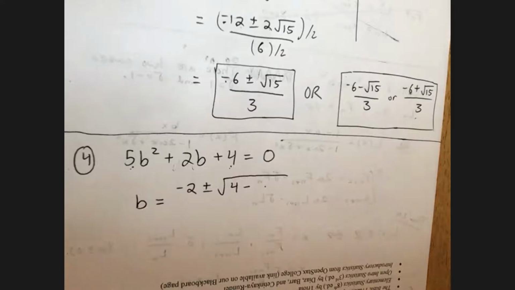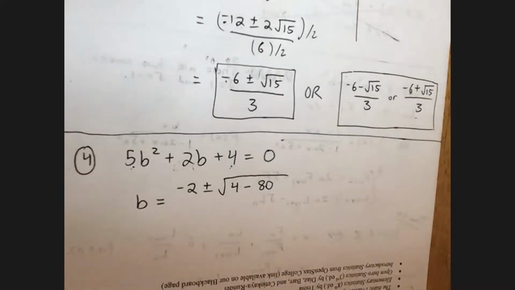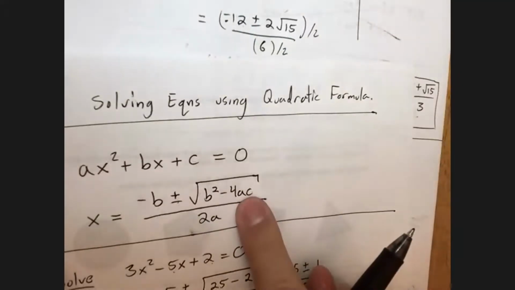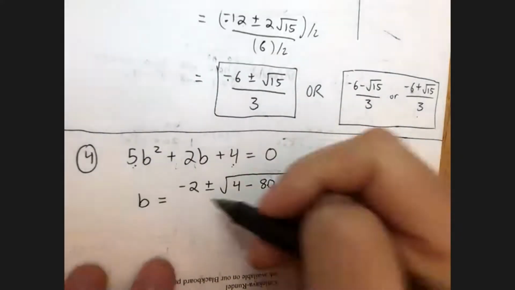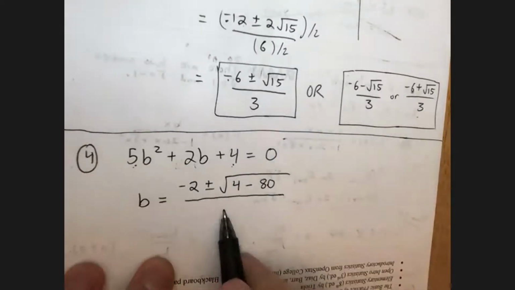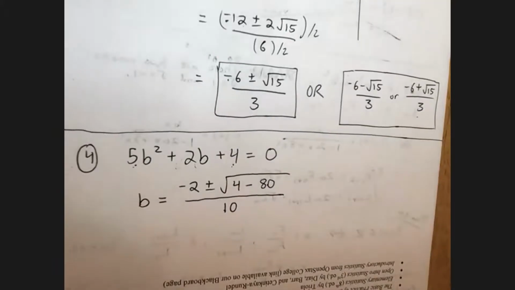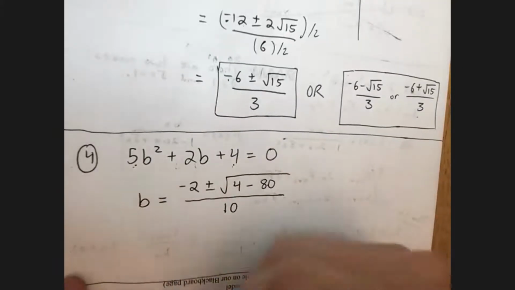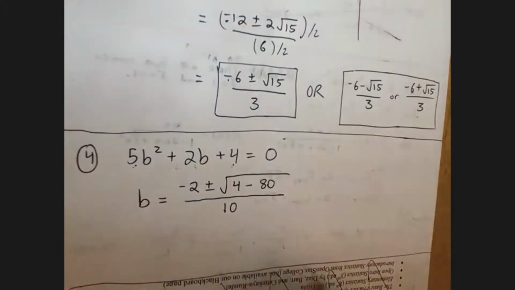Well, let's see, 4 times 5 is 20, and 20 times 4 is 80, right? That was the 4AC part, right? Okay, and so we divide by twice this number. That's 10 in this case. So here we have essentially our answer. We just need to simplify it.